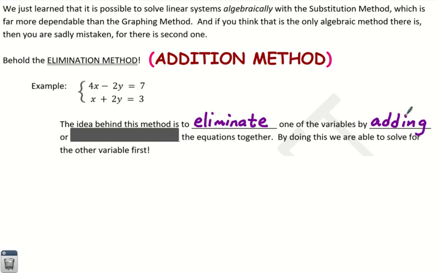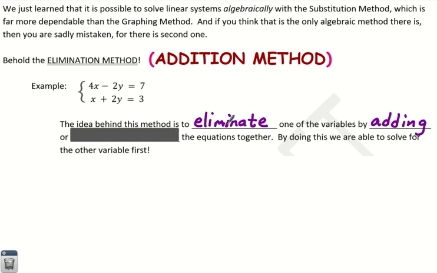We want to pull some algebraic tricks from up our sleeve so that we can eliminate. Here we're literally calling it that, we're eliminating one of the variables so that we can solve for the other one. In the last lesson we did it by a substitution trick.